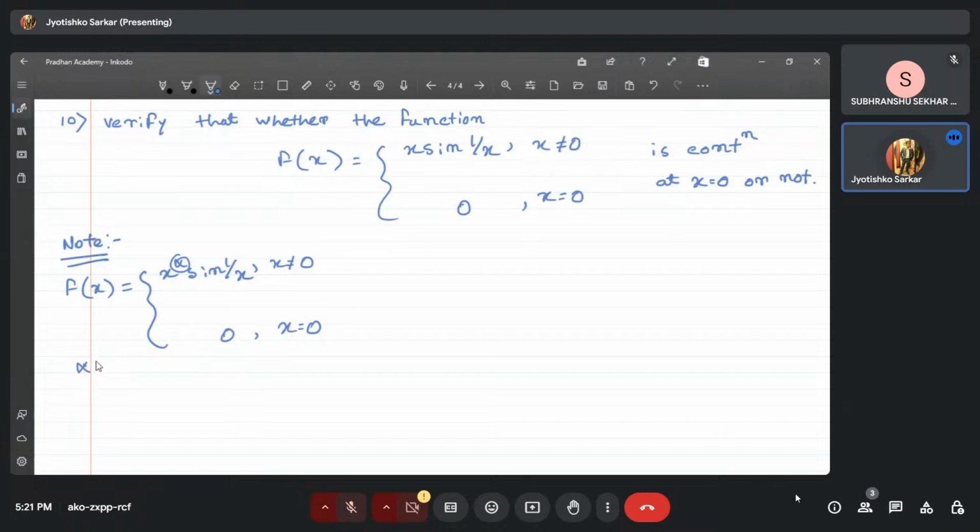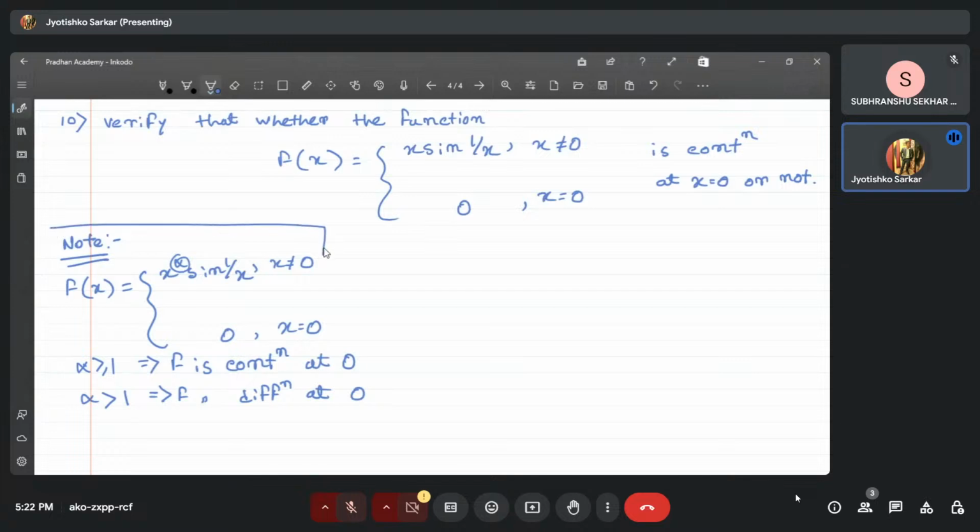If alpha is greater equals to 0, f is continuous at 0, and if alpha is strictly greater than 0, then f is differentiable at 0. Okay. So from this note, you can easily say that this is continuous function, but this question is from a subjective section, so we have to solve it.